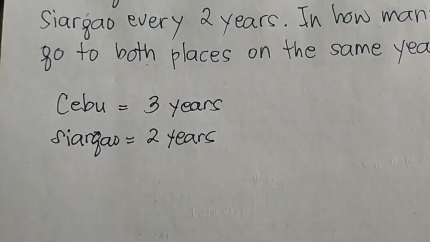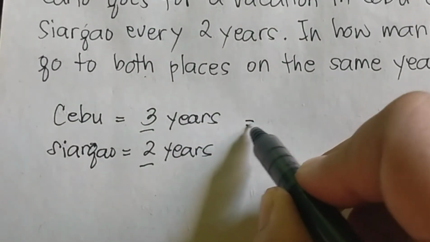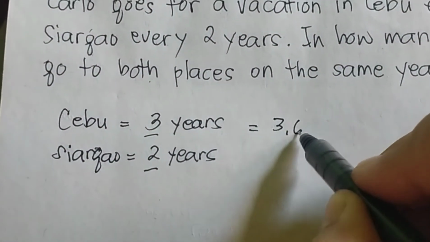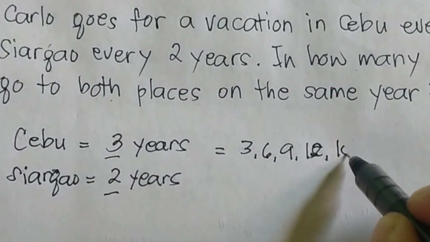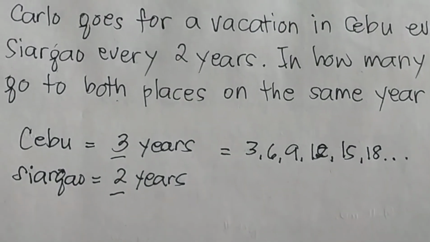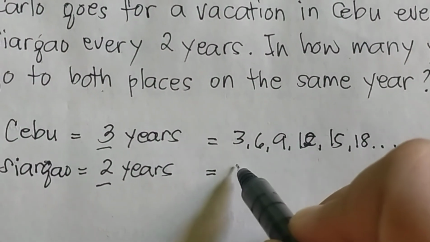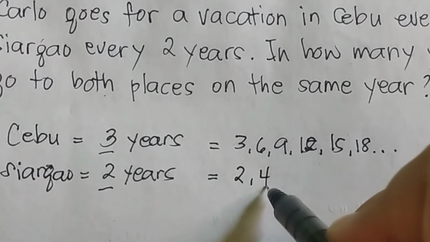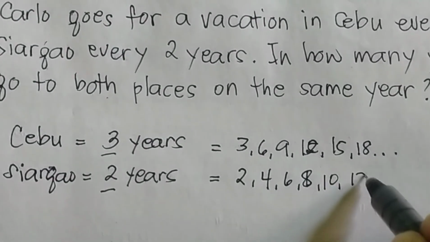We will find the LCM of 3 and 2. So we skip count. 3, 6, 9, 12, 15, 18, and so on. And for 2, we have 2, 4, 6, 8, 10, 12, and so on.